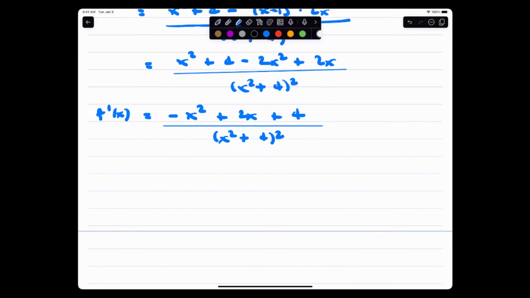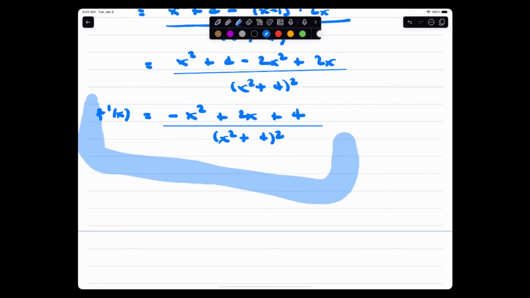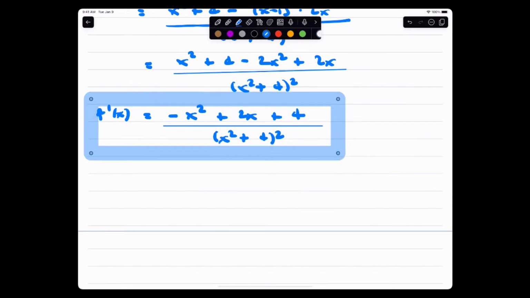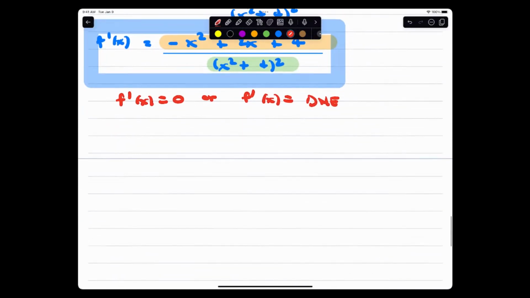Now, here's your derivative. What do you care about? It's a fraction, so we're going to set the numerator equal to 0 and the denominator equal to 0. We need to find where that derivative is 0 to be a critical value, or where the derivative does not exist.